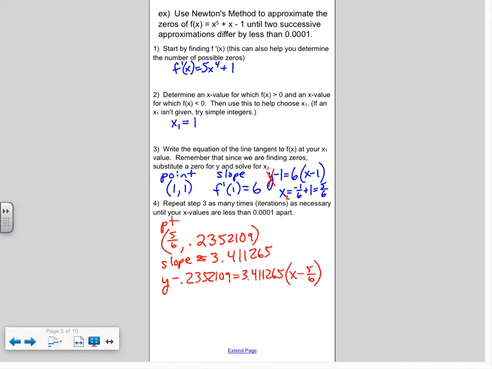Okay, and again, plug in a 0 for y, solve for x.